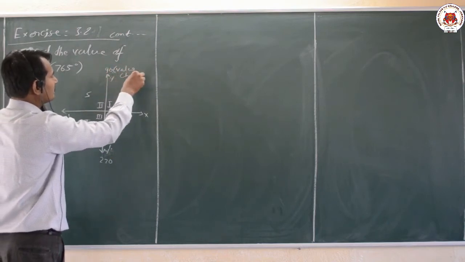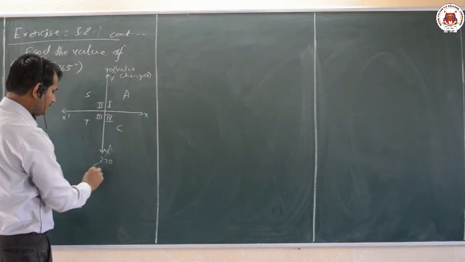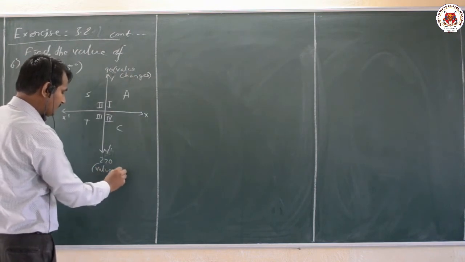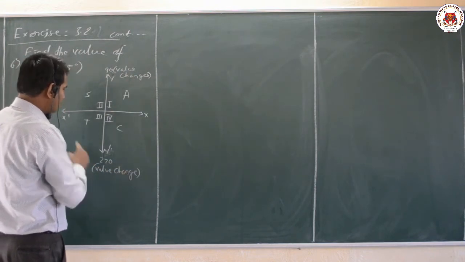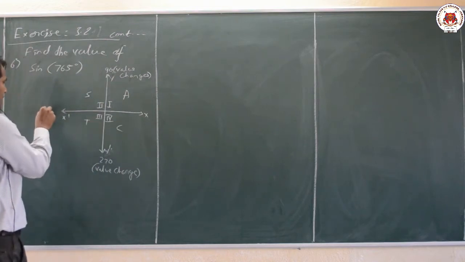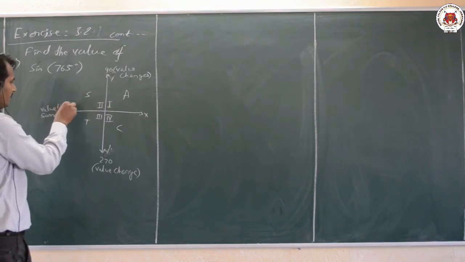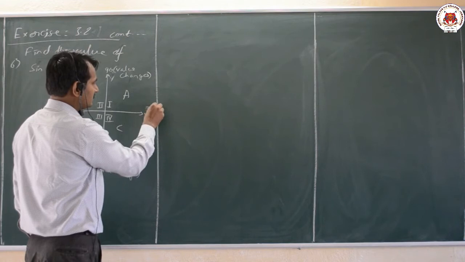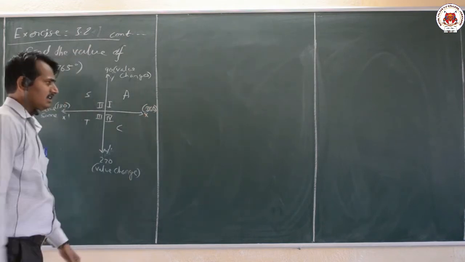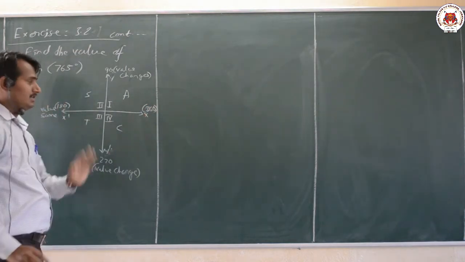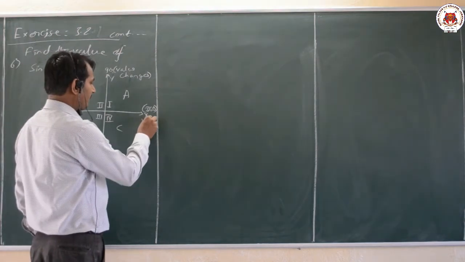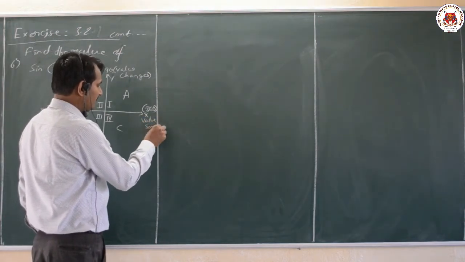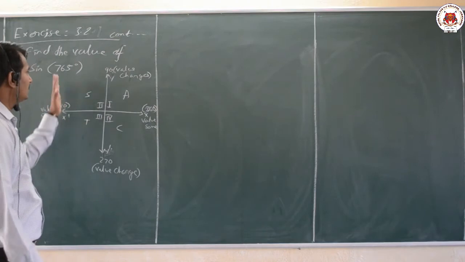And along east and west, that is 180 and 360, or 2 pi, the value remains the same. In both east and west the value remains the same, and the sign depends on your ASTC rule.